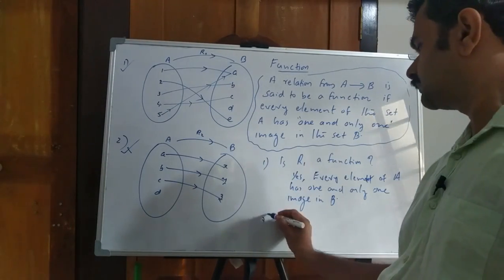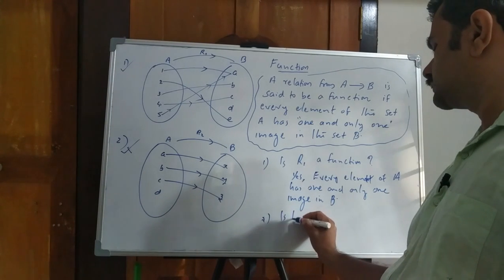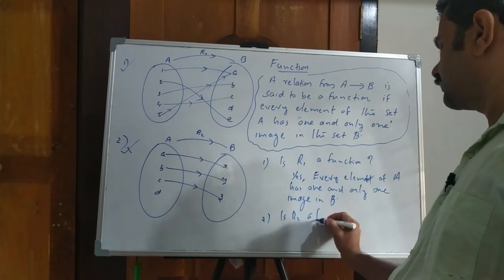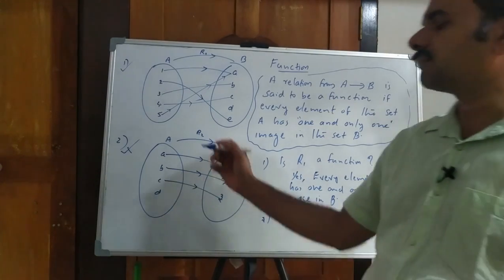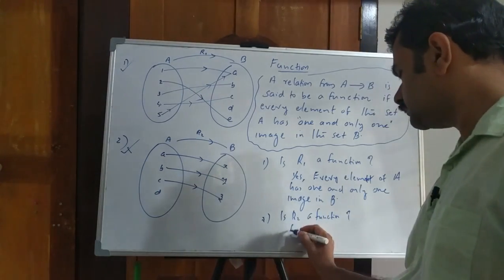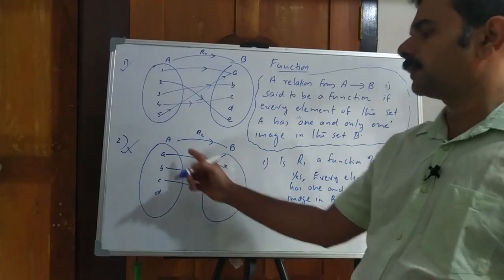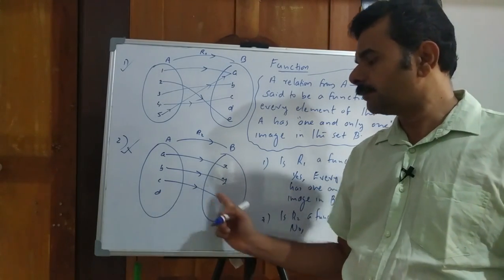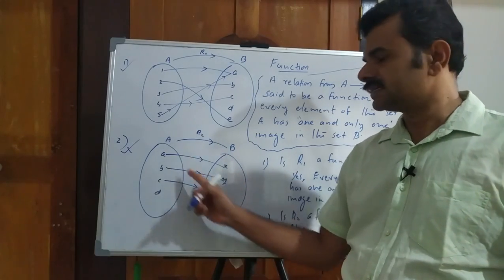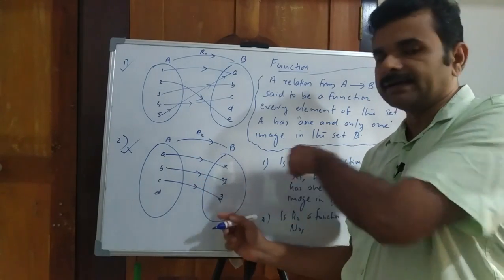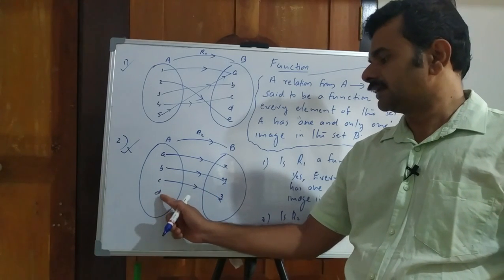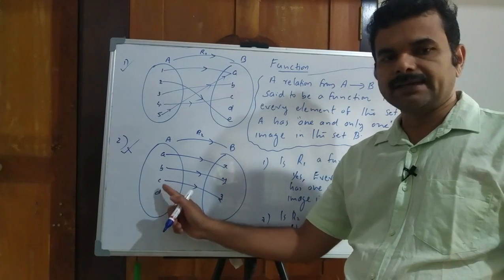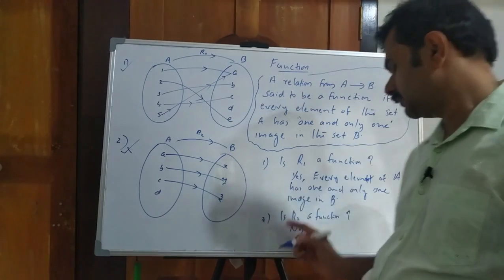Then what about R2? Is R2 a function? No. Why? D has no image. Every element of the set A does not have an image in the set B. In this, the element D has no image.